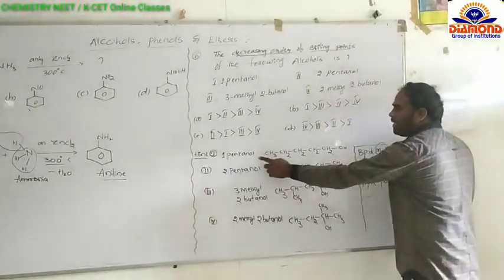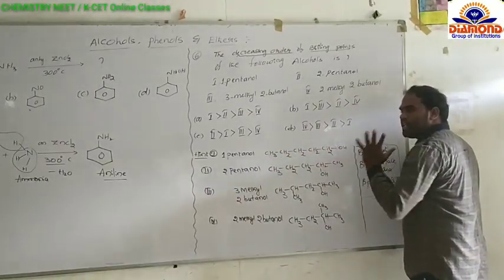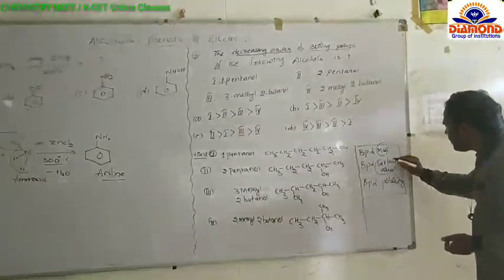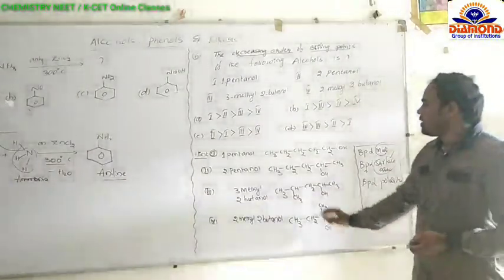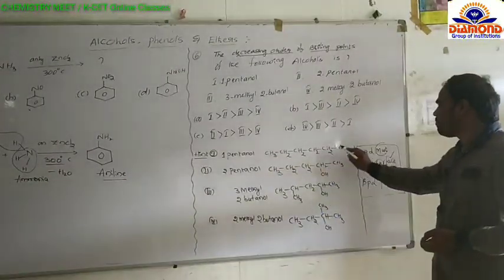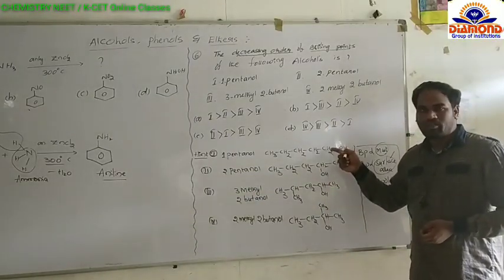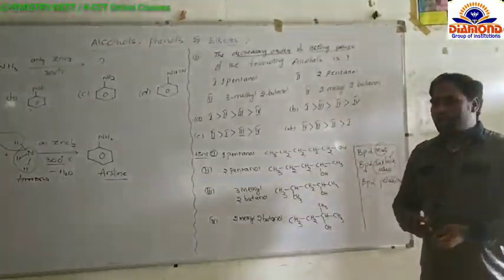Once you observe 1 pentanol, it is a straight chain, right, meaning surface area is more. Here the surface area is less when compared with 1 pentanol. Therefore 1 pentanol has the higher boiling point.